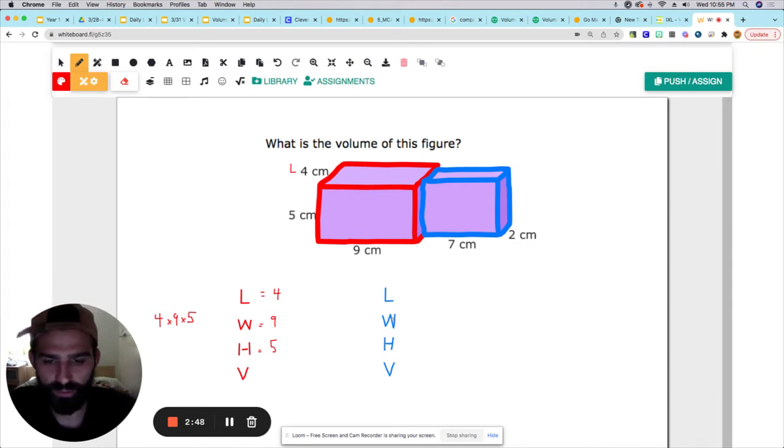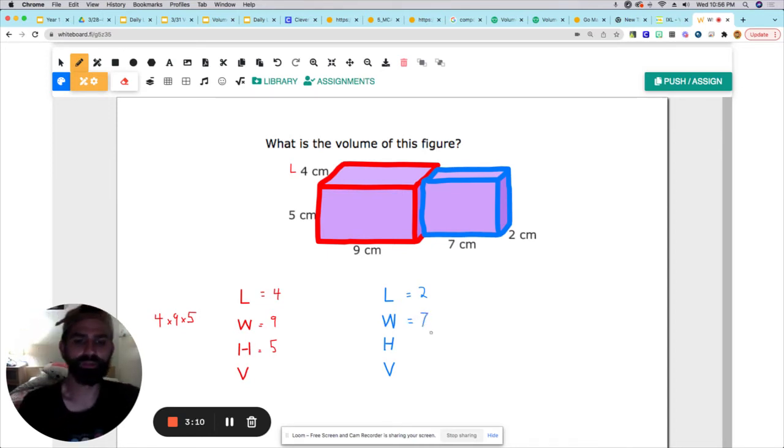Now I'm going to find my length, width, and height of this blue rectangular prism. So I'm going to get my blue out. Length right here, that's going to be 2. That's how long it is. Wide, 7 is my width. Okay, this is where it gets a little confusing because it doesn't tell you how tall this blue rectangular prism is. But you have to use your brain a little bit here and think: this rectangular prism isn't taller than this one.